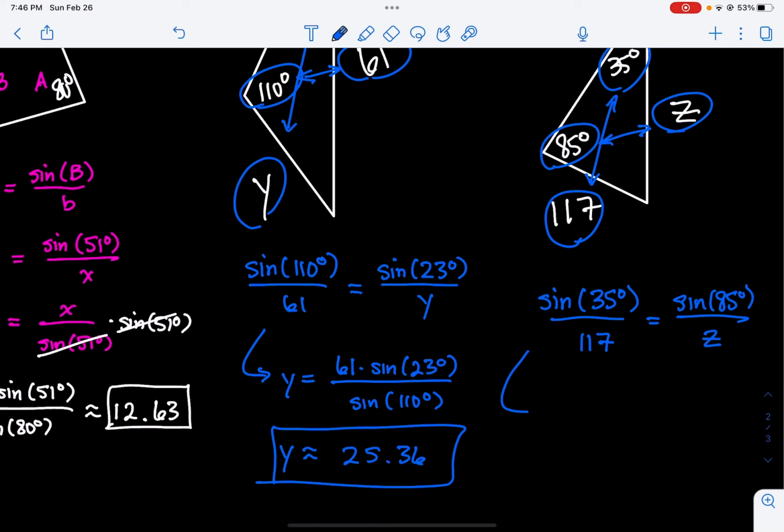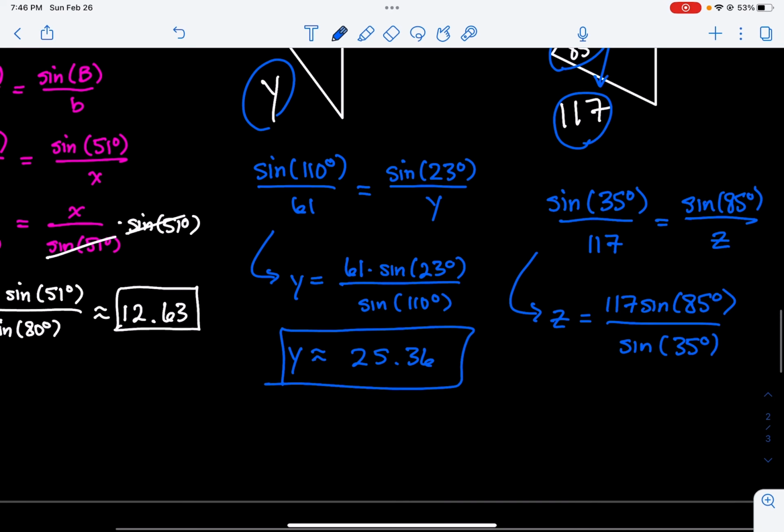If I solve this one, we end up with z equals 117 sine of 85 degrees over sine of 35 degrees. 117 times sine of 85 divided by sine of 35 gives me around 203.21 as the length of z.